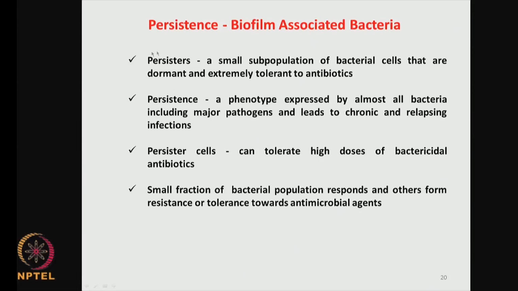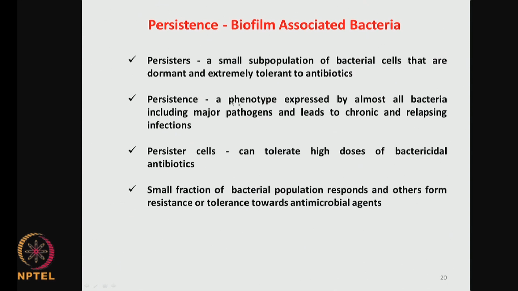Antibiotic penetration becomes more problematic. So, the antibiotic concentration right at the bottom of the biofilm is so low, much below the minimum inhibitory concentration. So, those bacteria become tolerant to antibiotics. They are called persister cells.